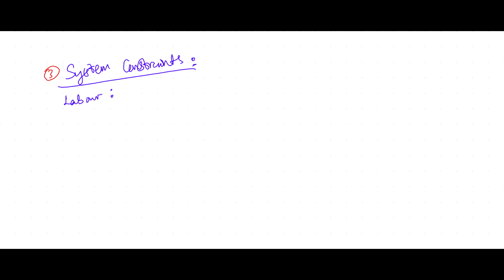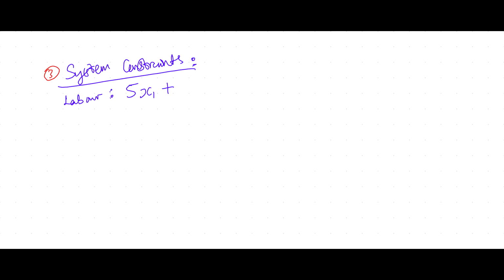We must then have the total labor constraint. The total labor constraint is that 5 hours per unit. But how many quantity of product one am I producing? I don't know. So it's represented by X1. Remember, decision variables, we don't know. Plus, I have to add the hours for product 2.